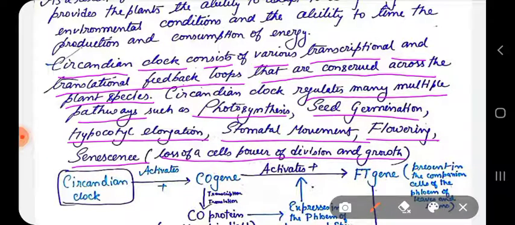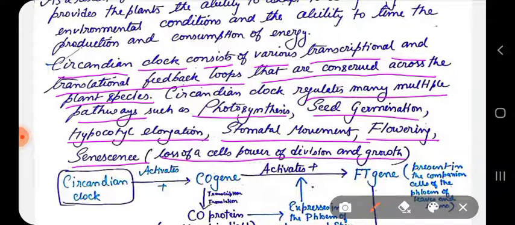So the circadian clock consists of various transcriptional and translational feedback loops, which are conserved among plant species. So plant species behave according to the circadian clock for flower development here.